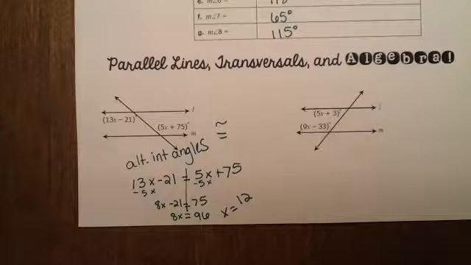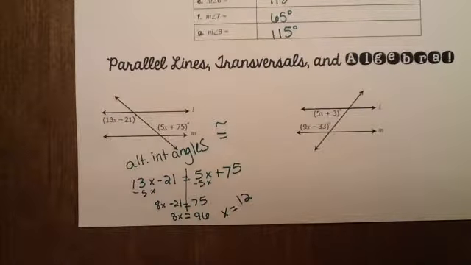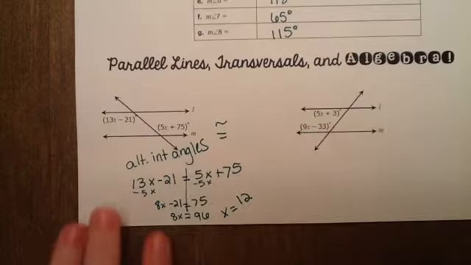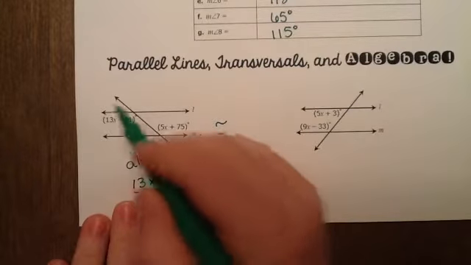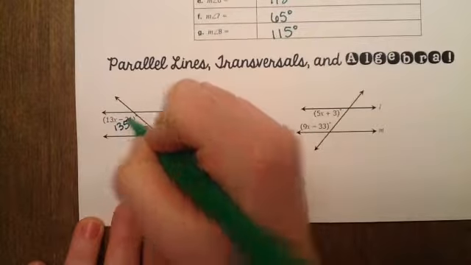So if it asks you to find x, you're done. What would you do if it asked you to find the angle measurements? Plug 12 back in, so find this angle for me. What do we get for this angle? 135 degrees.